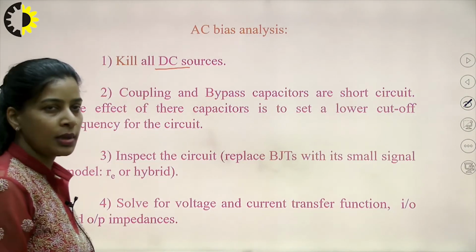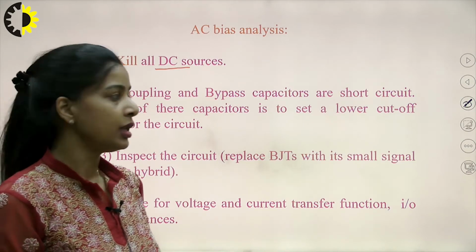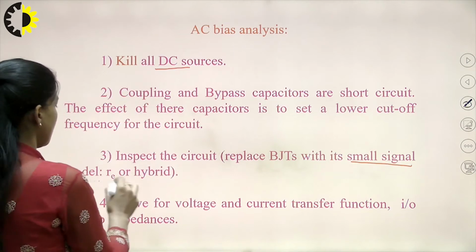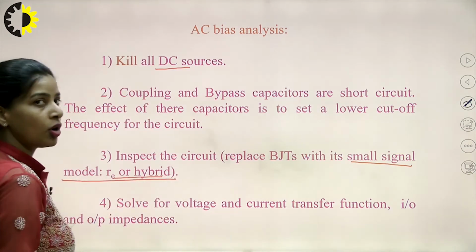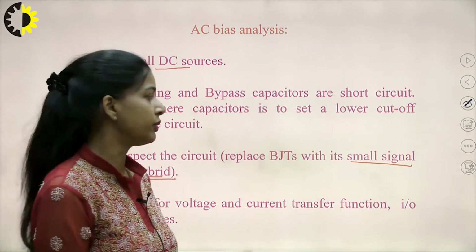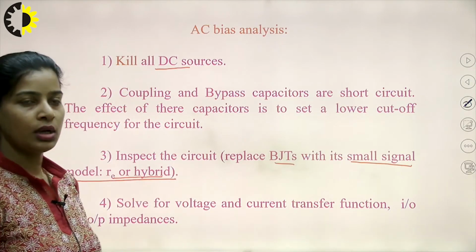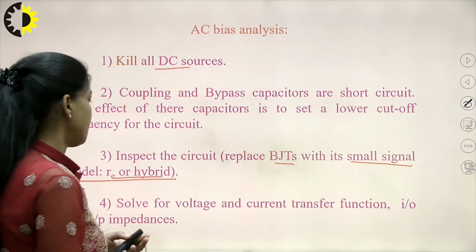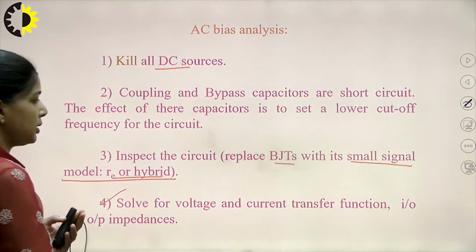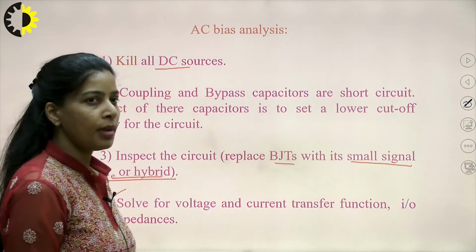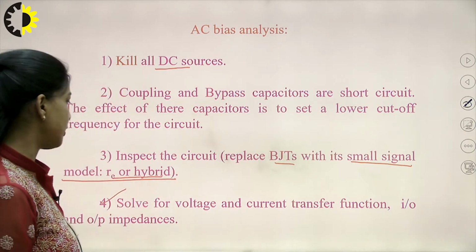Then we will analyze the circuit by replacing the BJT with its small signal model, that is, the RE model or the hybrid model. Then we can solve the equations to get the different values by using different theorems that we know.